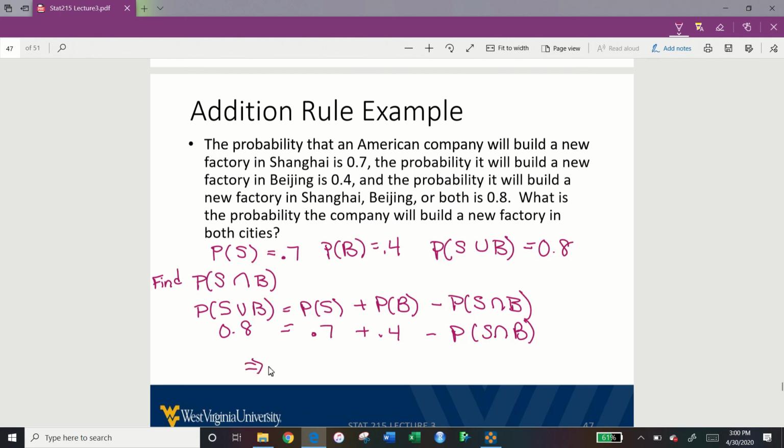So if we do the math correctly, we should get that the probability that the company will build a factory in both cities to be 0.3 or 30%. Again, if this went a little fast for you, make sure you go back and practice on your own. Let's take a look at another example.